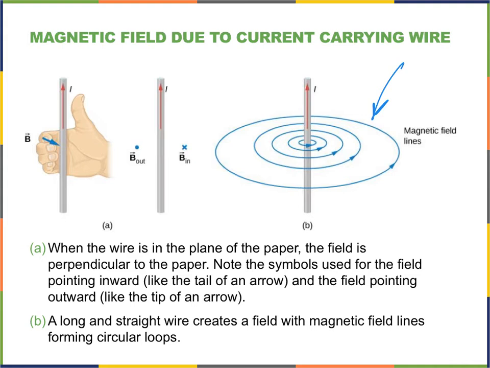So if I point my thumb up like this, my fingers, if I look at them over here, are coming at me. And so over here, the magnetic field is coming out of the page. But if I then curl my fingers all the way around my thumb to the other side, they actually will point into the page, and that's what we see there. And this picture here representing the arrows on those magnetic field lines also mimics that.